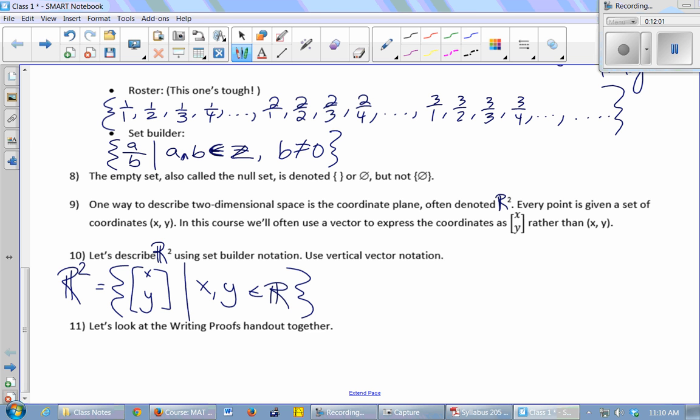Okay, so alternatively, I could have written this as all ordered pairs x, y, right, such that x and y are elements of the real numbers. A vector is just a list of numbers written vertically. It's just a new notation that we are going to use as an alternative notation to a point x comma y. You write it vertically.